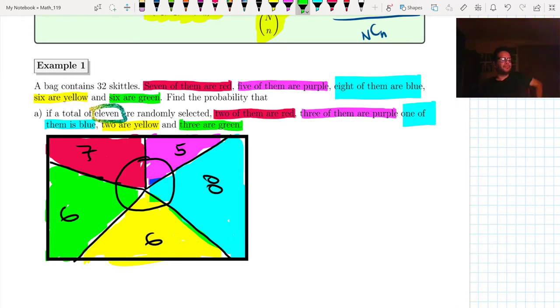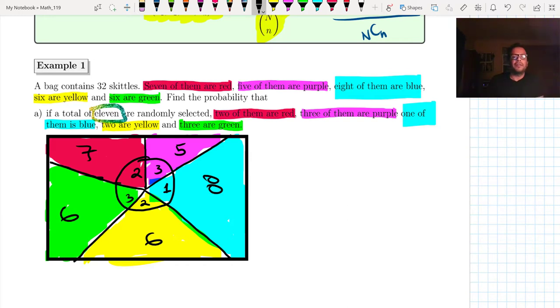Okay, let's label inside of the box. So again, two of them are red, three of them are purple, one of them is blue, two of them are yellow, and finally, three of them are green.